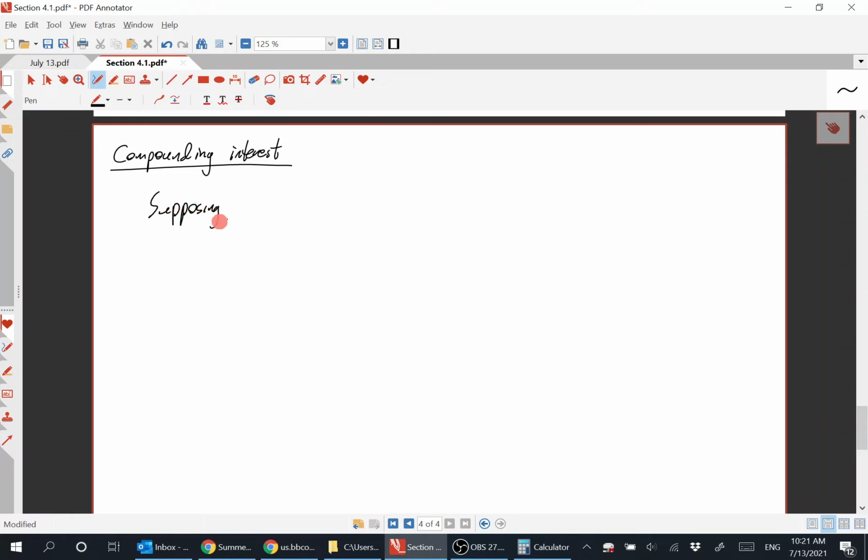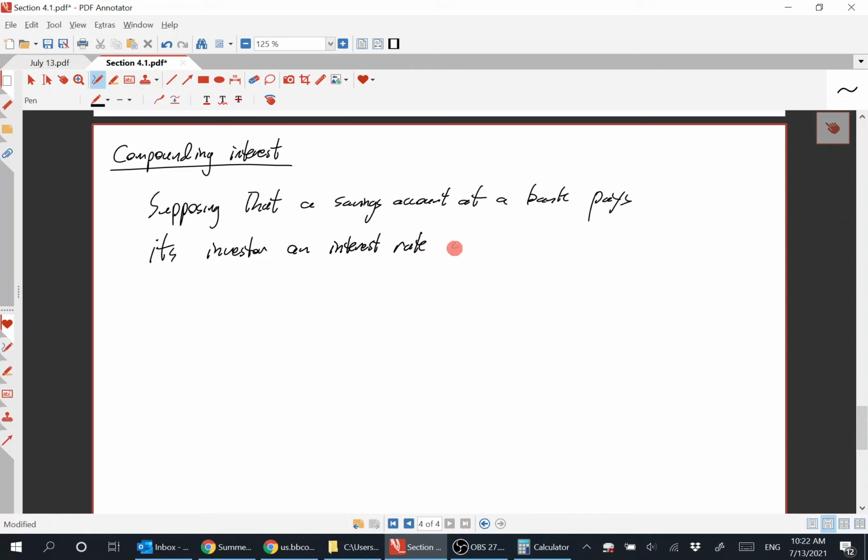So supposing that a savings account at a bank pays its investor an interest rate of 2% compounded, and you're going to have so many compounding periods.